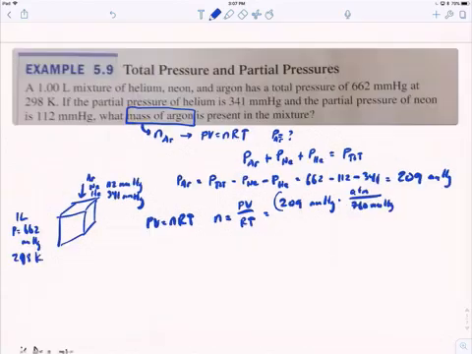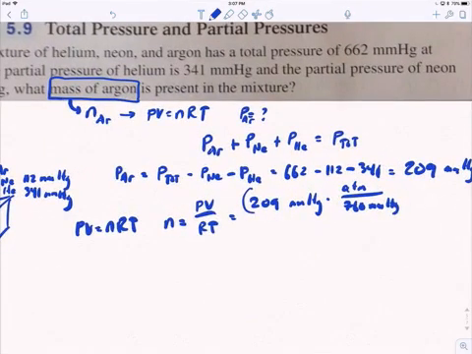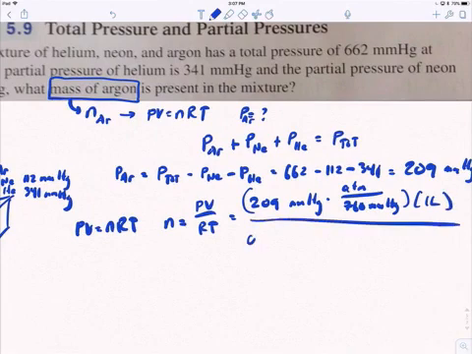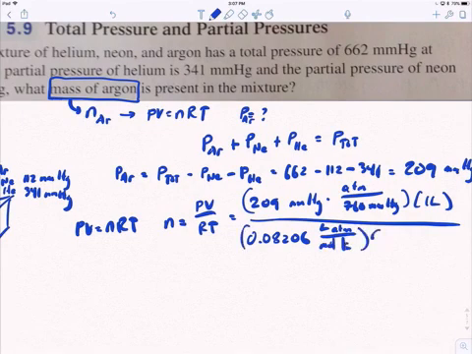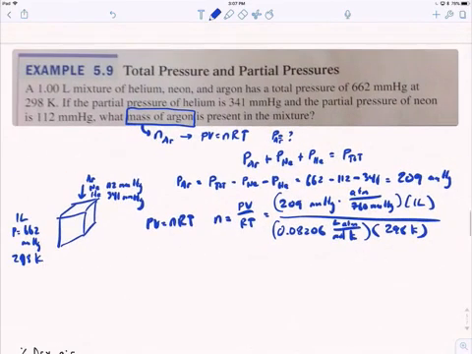Volume is 1 liter, over R, 0.08206. Put that in our calculator.